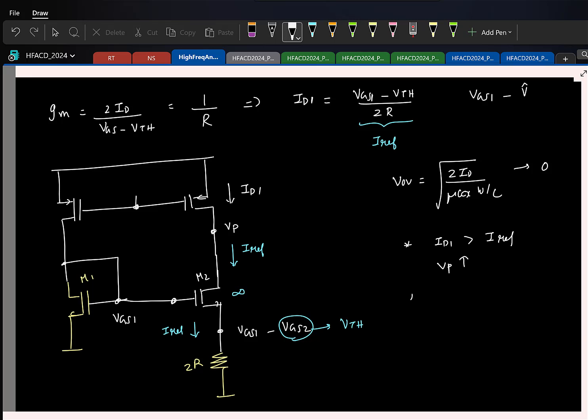Increases. So as a corrective measure, what should I do? I should decrease ID1. How do I decrease ID1? If I call this the bias voltage, I need to increase Vb. Now you see this increases, I need to increase this. Simple logic, I go and connect these two.